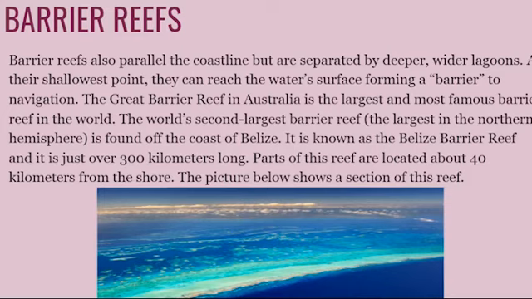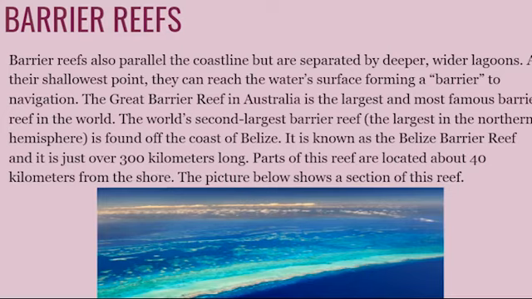Now, at their shallowest point, they can reach the water's surface, forming a barrier to navigation. So instead of them being underwater, at the shallowest point, they can actually reach the water's surface and they form a barrier, hence the name barrier reefs.